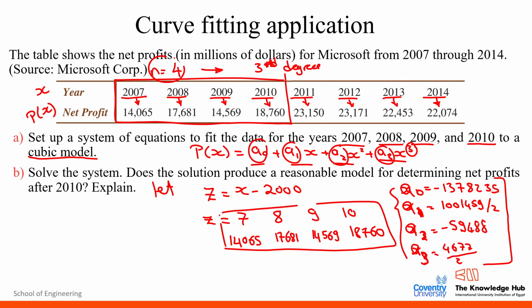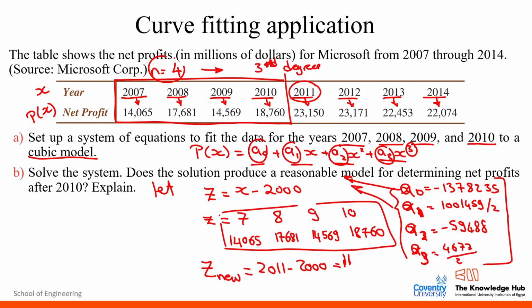So after substituting with the values in the equations, I'm gonna substitute with 2011. So the new z equal 2011 minus 2000, which is 11.